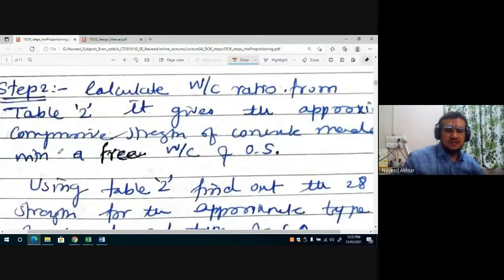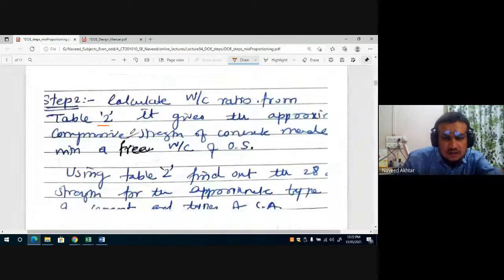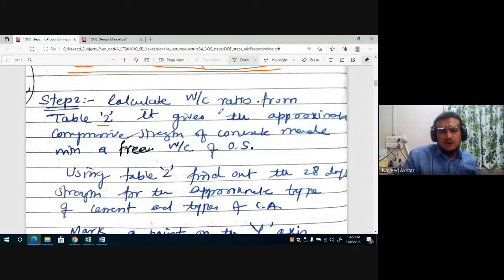Now we'll come to step number 2. In step number 2, we have to calculate the water to cement ratio from table number 2. It gives the approximate compressive strength of concrete made with a free water to cement ratio of 0.5.